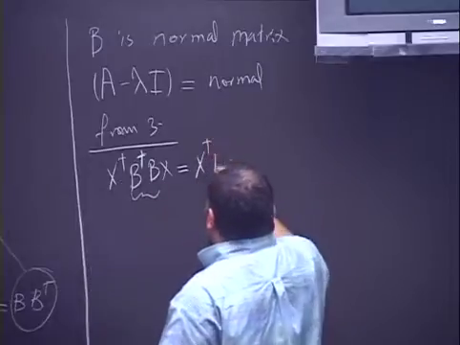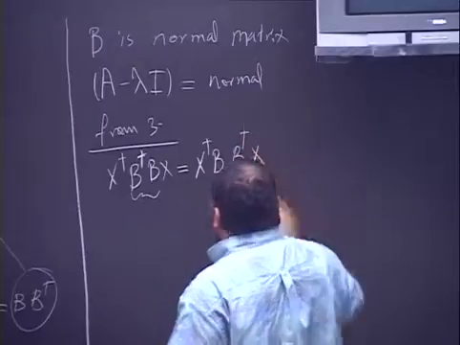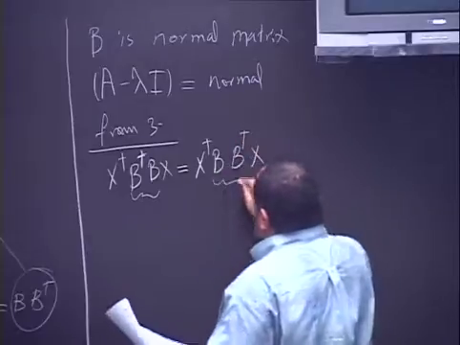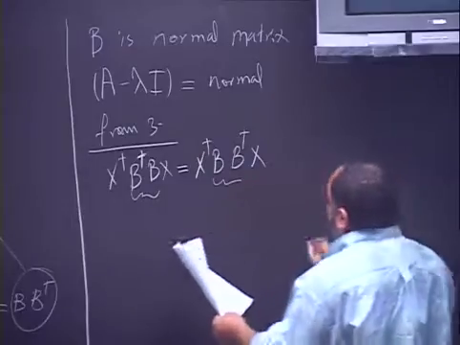So X dagger, B dagger multiplied by X, because they are normal here. So I just did the opposite.